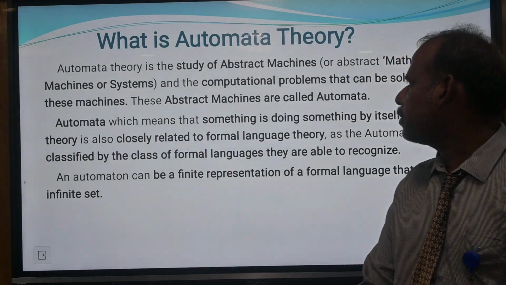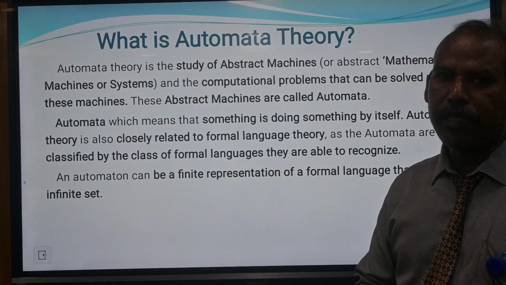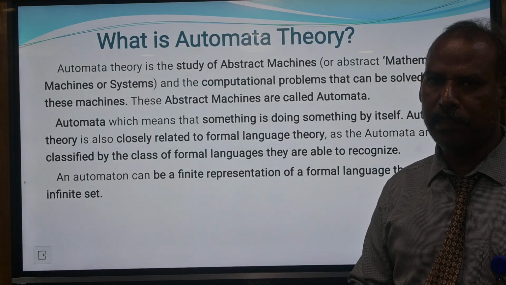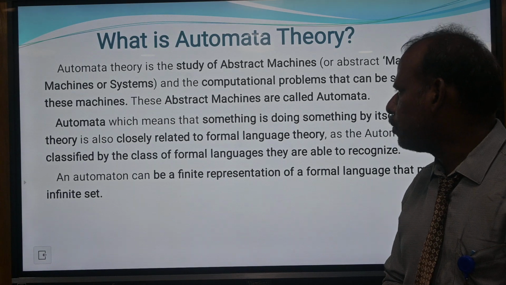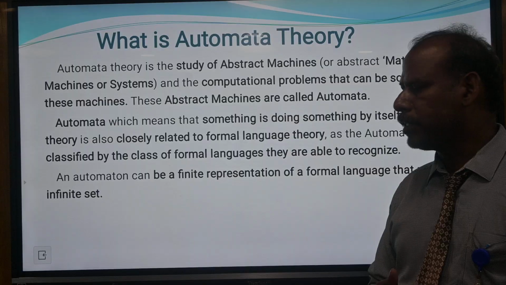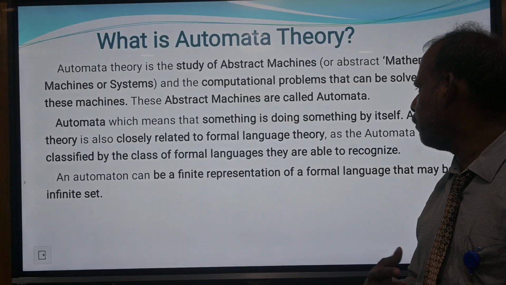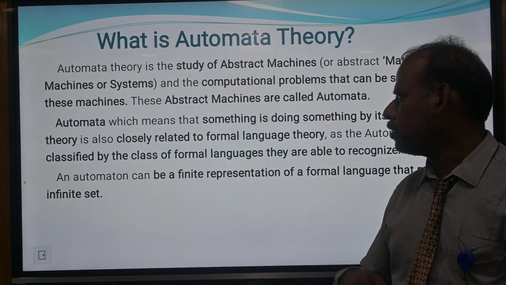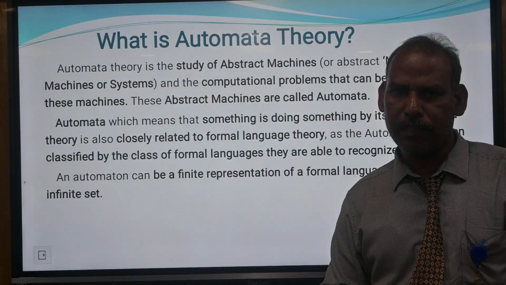So next one, what is automata theory? Automata theory is the study of abstract machines, that is mathematical machines or systems. These abstract machines are also called automata. Automata means something that does something by itself. It is a theory closely related to formal languages.